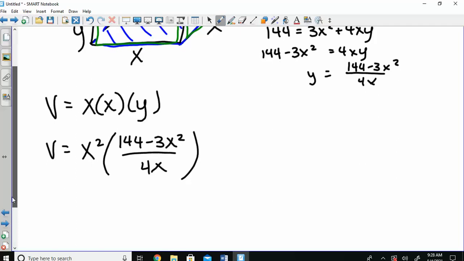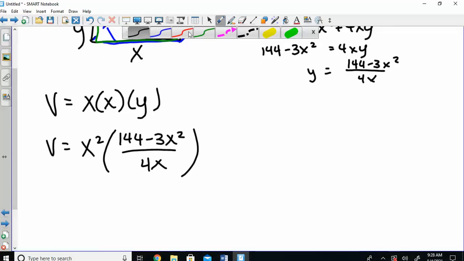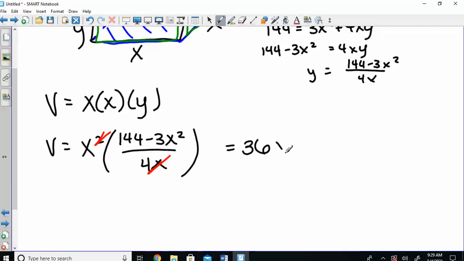Okay, this looks fairly ugly, but it's going to clean up all right. We can cancel one of the x's. 144 divided by 4 would give me 36x minus 3 over 4 x times x squared is x cubed.